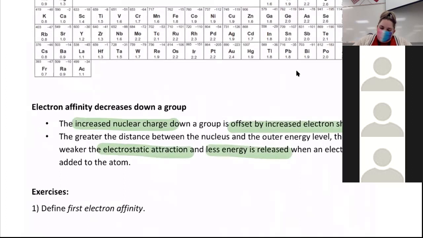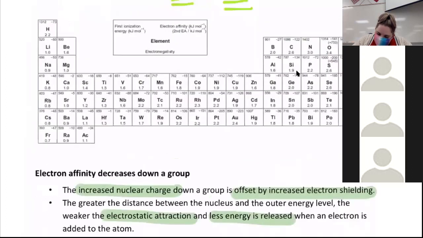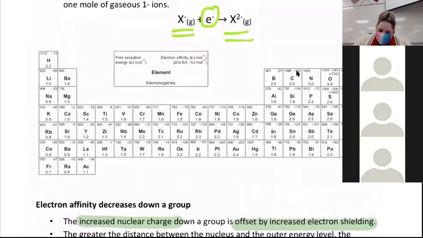They don't really have the trend for going across the period here because it varies. It's not that it doesn't happen, it's just that it doesn't follow a pattern as well as some of the other ones do. But down a group, we definitely need to know that it is decreasing.